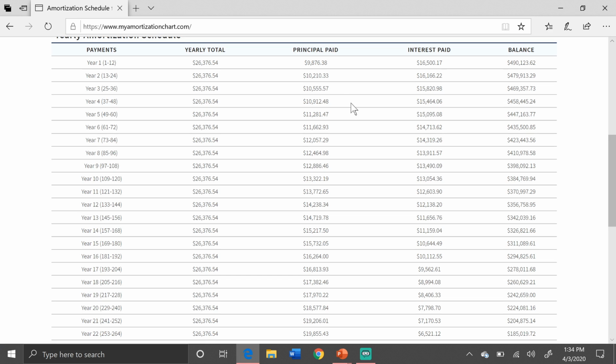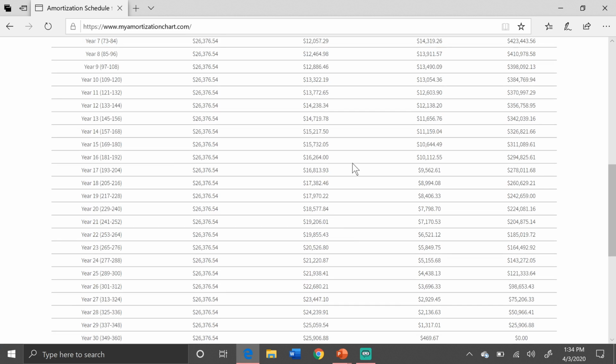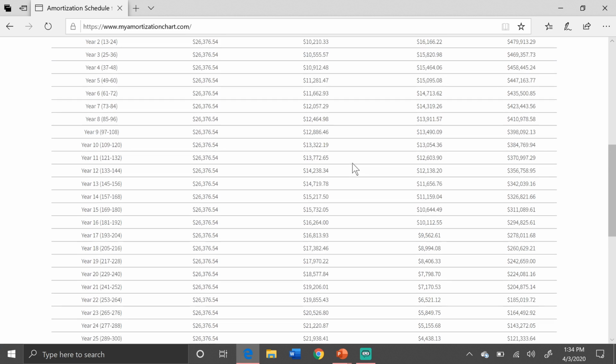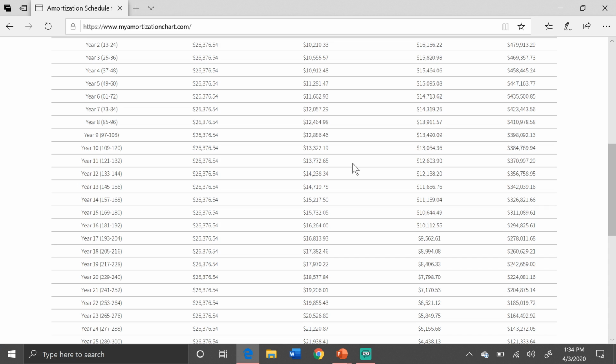So follow this down. Every year we pay a little bit more towards the principal. The turning point where you see that you're paying more towards principal than to the interest is going to be right around year 10.